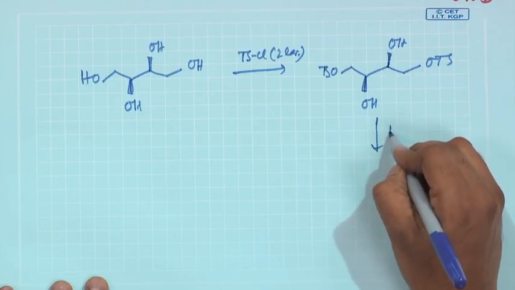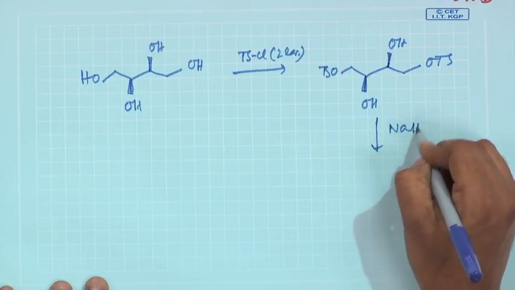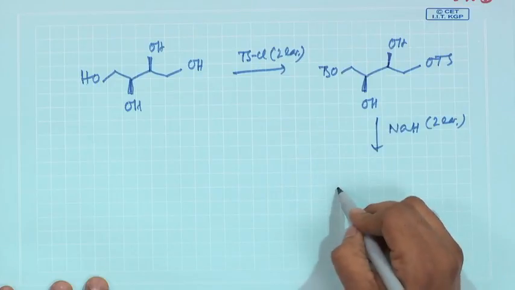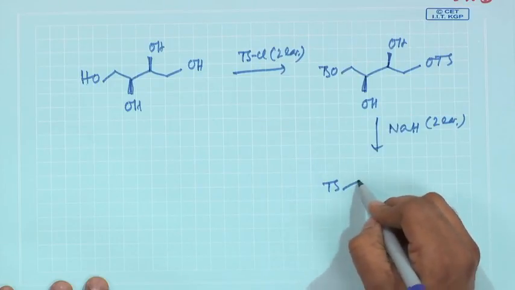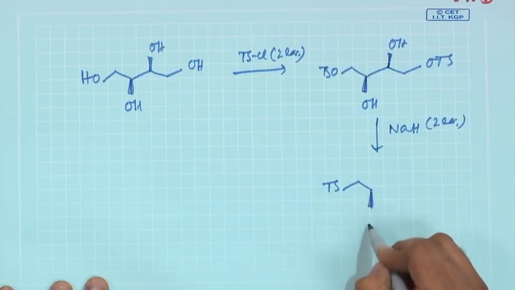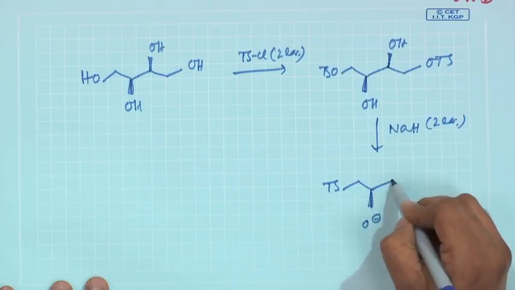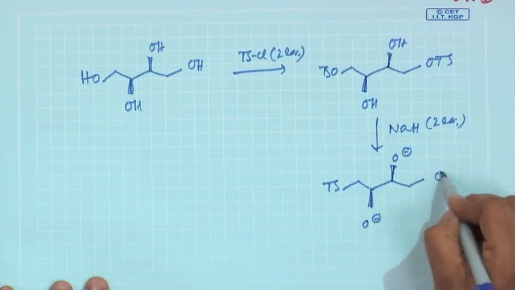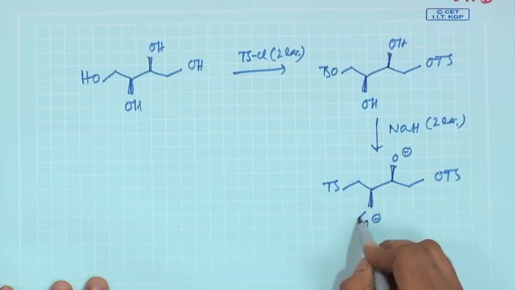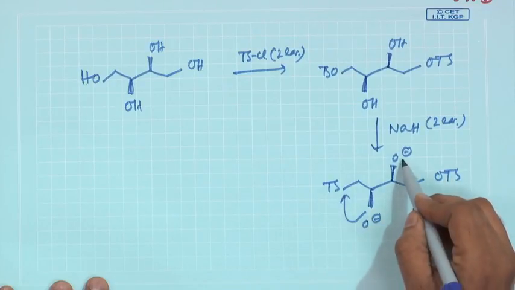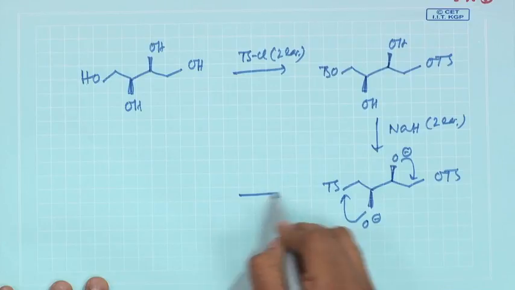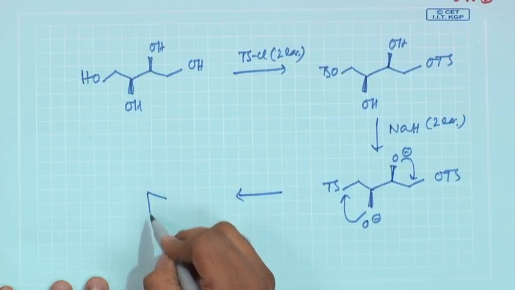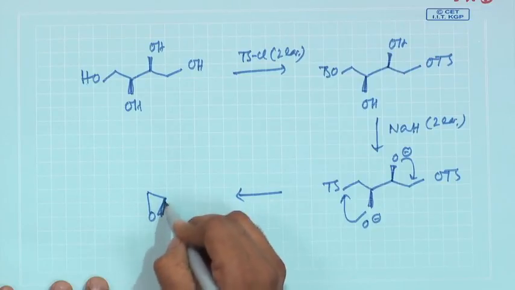Now, you react with 2 equivalents of sodium hydride. What does sodium hydride do? It will make the corresponding alkoxide in this way, and then this alkoxide will intramolecularly react to give you the structure which was your target molecule.